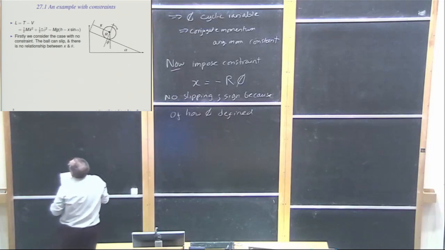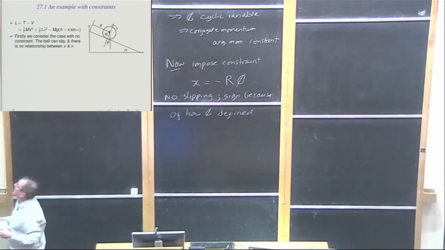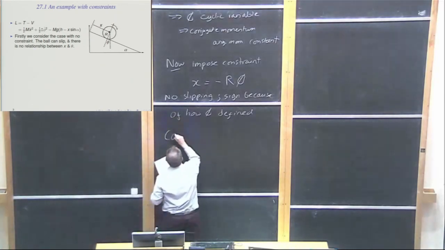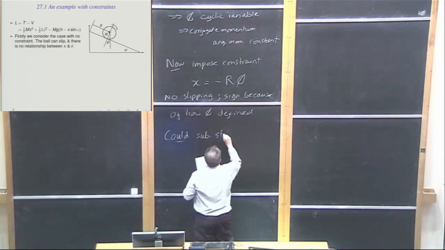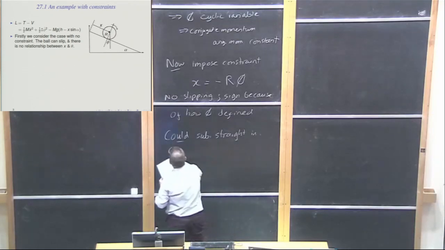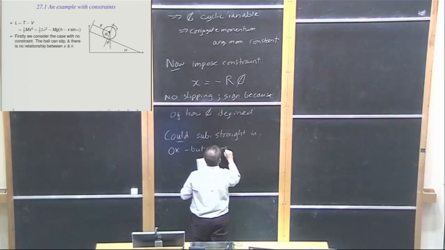And that would give you the right result for that degree of freedom, but it would not give you all the information that we might need. Okay, so we could substitute in. So this is okay, but doesn't give us all available information.